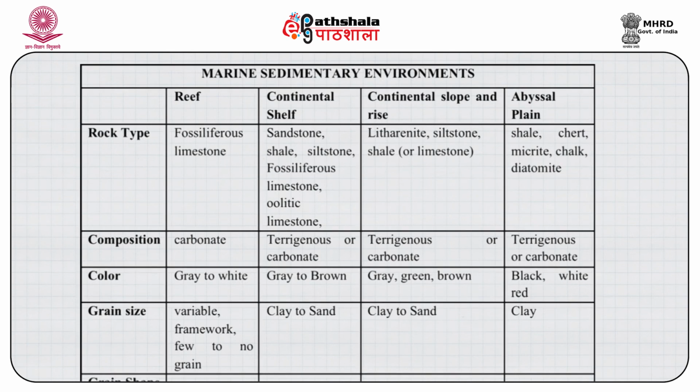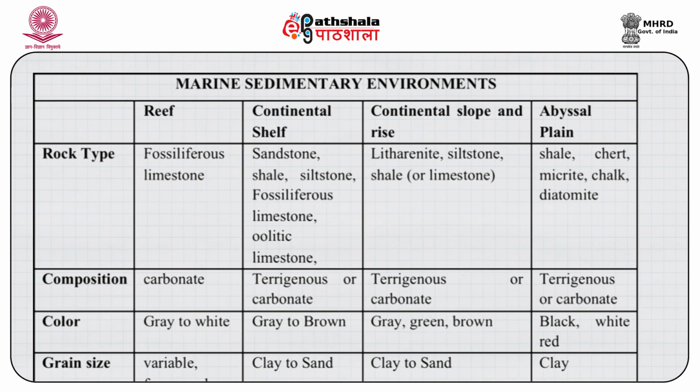These are the marine environments, consisting of reef, continental shelf, continental slope and rise, and abyssal plain. Reefs are generally associated with fossiliferous limestone, and the composition of a reef is mostly carbonate.